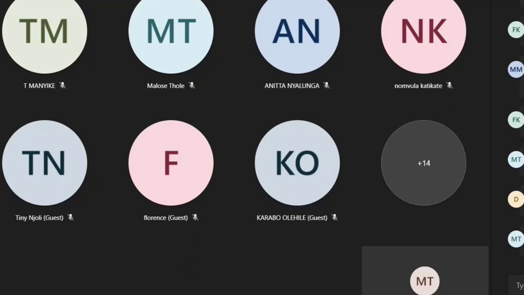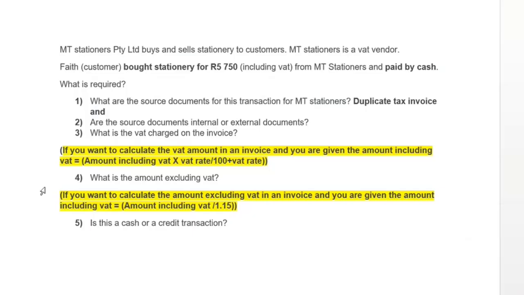Somebody else who can answer there. I think Malu says the cash would need to be taken to the bank and a copy of the bank deposit will be another source. Yes, Malu says correct. Another source document is a duplicate deposit slip.